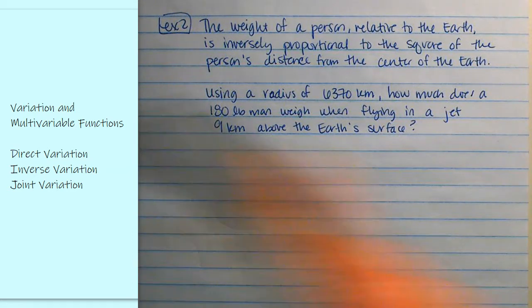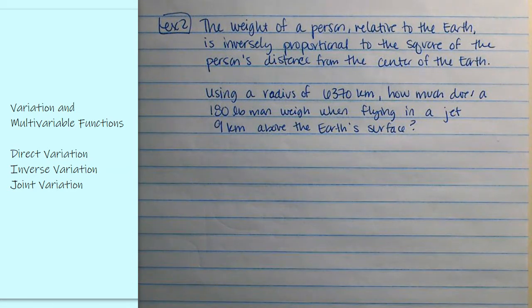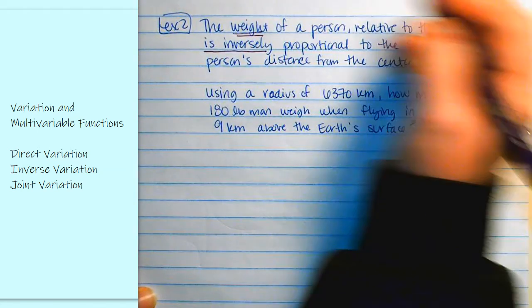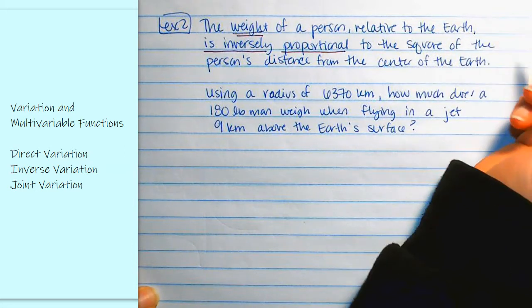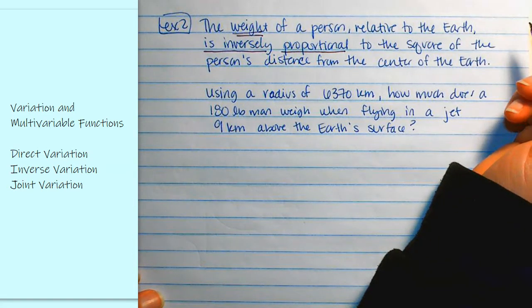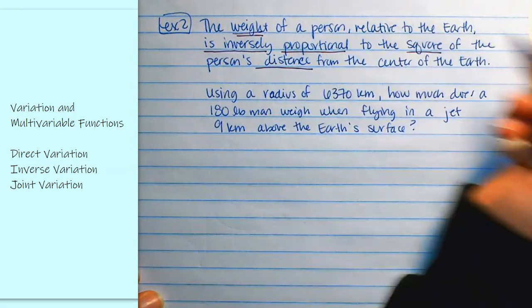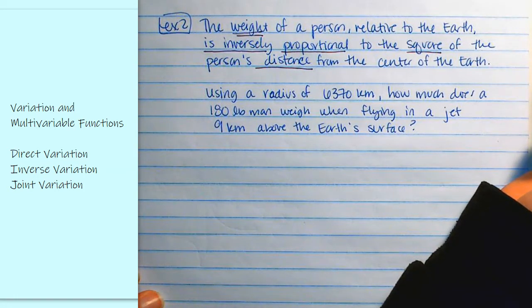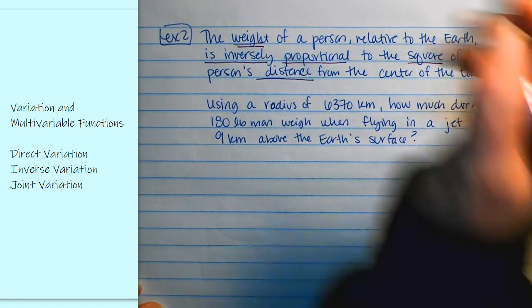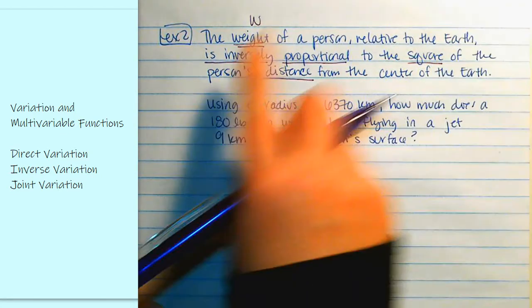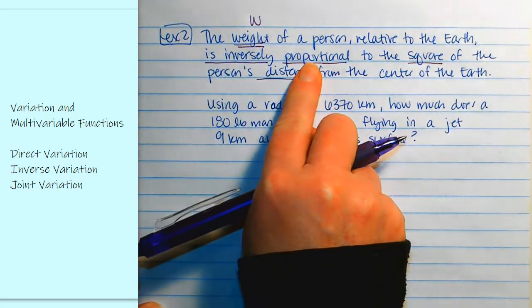So we're saying he weighs a different amount when he's flying in the plane because he's so high up. So let's take this first part. We've got weight is inversely proportional. So that's the first part of our equation. To the square of the distance. Okay, so I'm going to take those things that I've underlined and rewrite them in math. I'm going to say weight with W. It says is inversely proportional.